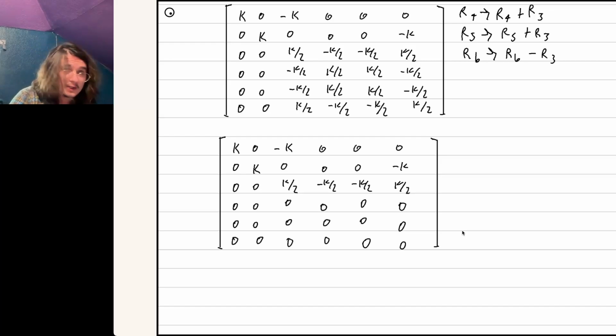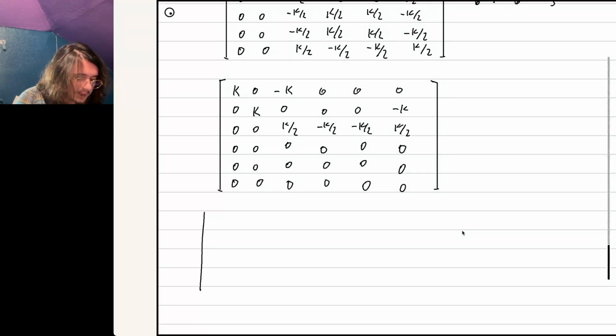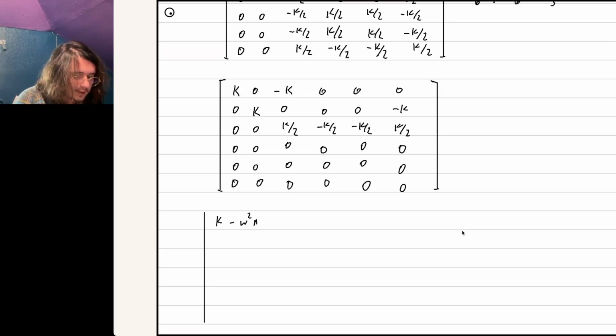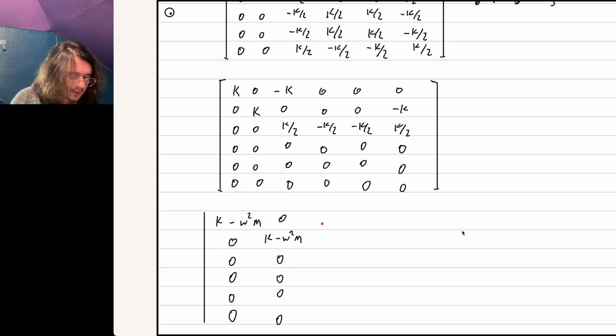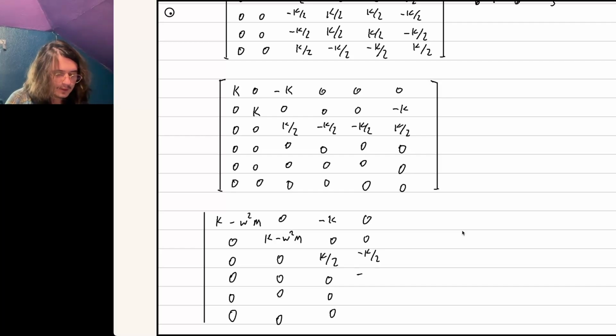So let's now write the secular equation. I'm going to skip to writing it as a big determinant. k minus omega squared m, all zeros there, 0, k minus omega squared m, minus k, 0, k over 2, all zeros, minus k over 2, minus omega squared m, it's supposed to be minus omega squared m there, and then 0, minus k, k over 2, 0.